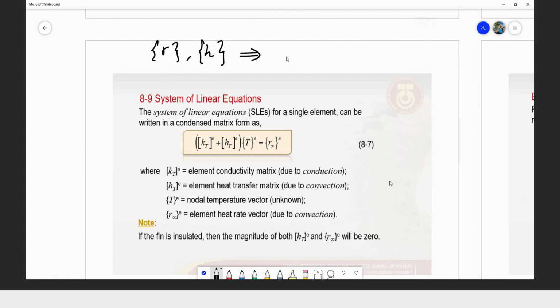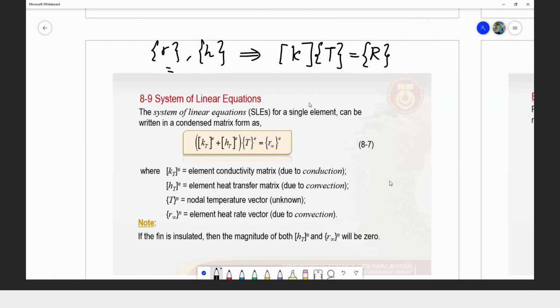Our original system of linear equations is in the form of KT equal to R. So I use capital R here to represent the similar R, but this is after we assemble to make a complete system, kan? So the small letters that we use refer to the local element by element.